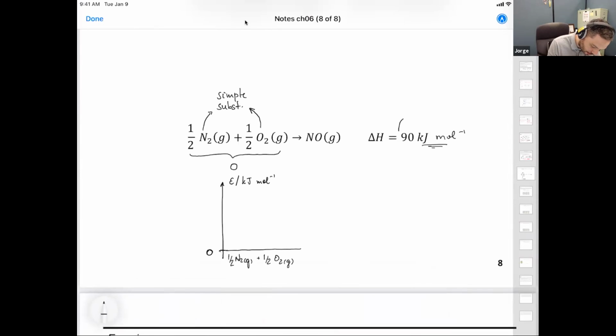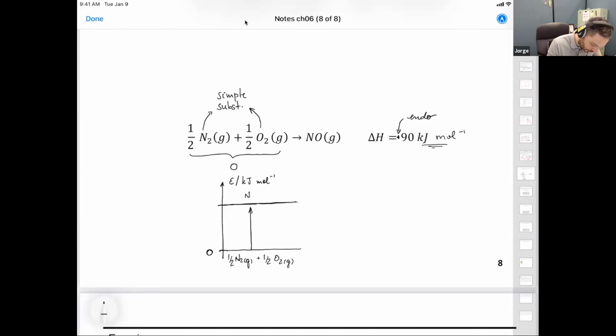Because the delta H is positive, that means the reaction is endothermic. As a consequence, the energy level for the product is going to be higher than the energy level of the reagents. Remember that an endothermic reaction absorbs energy from the surroundings, moving the energy level up.